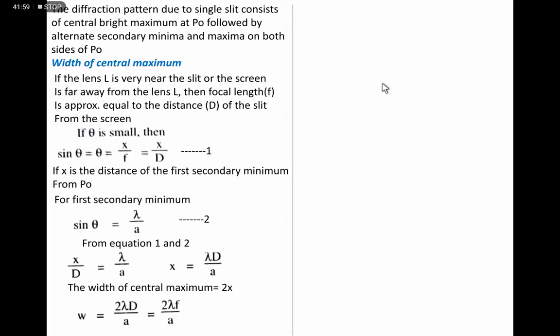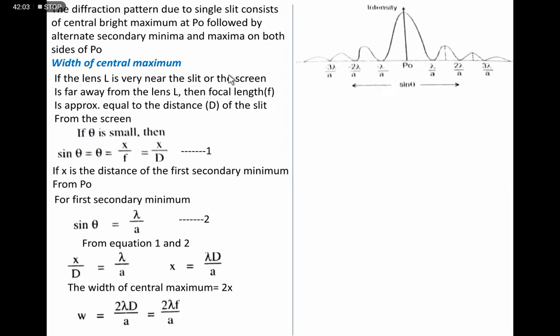Now the picture of the central maxima. Here we said that the central maxima and the secondary minima and maxima are on either side of the central maxima. The first minima is at lambda by a, n is equal to 1. Now n is equal to 2, 3.